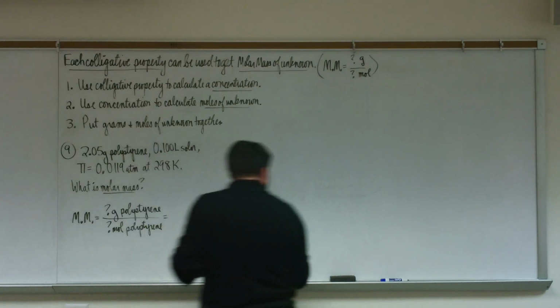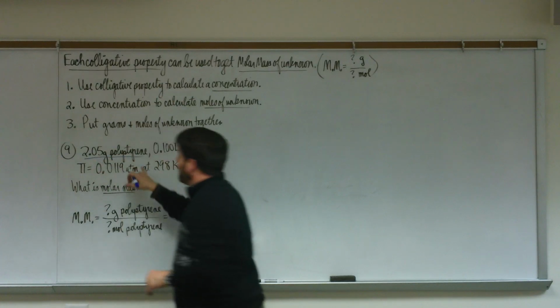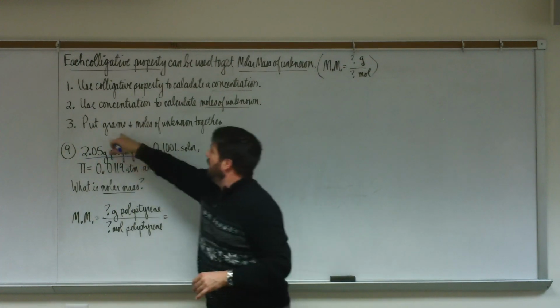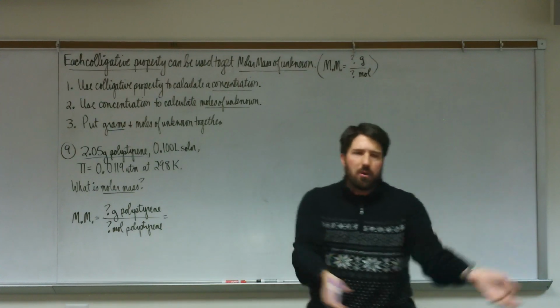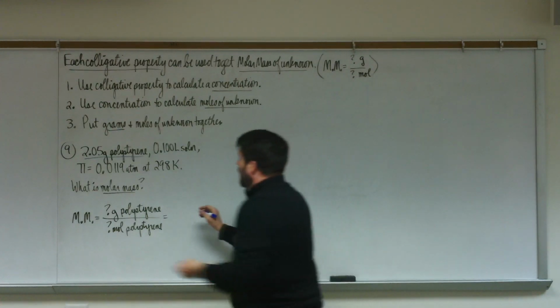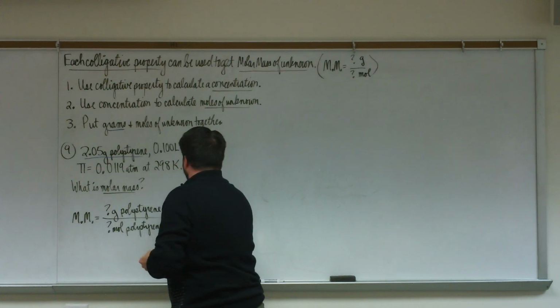Well, we can already do one of those right now because the problem gives us directly 2.05 grams of polystyrene. I'm jumping to this part because that's always given in the problem. You can measure it. You put it on the balance, you measure the grams. So we have 2.05 grams of the polystyrene.